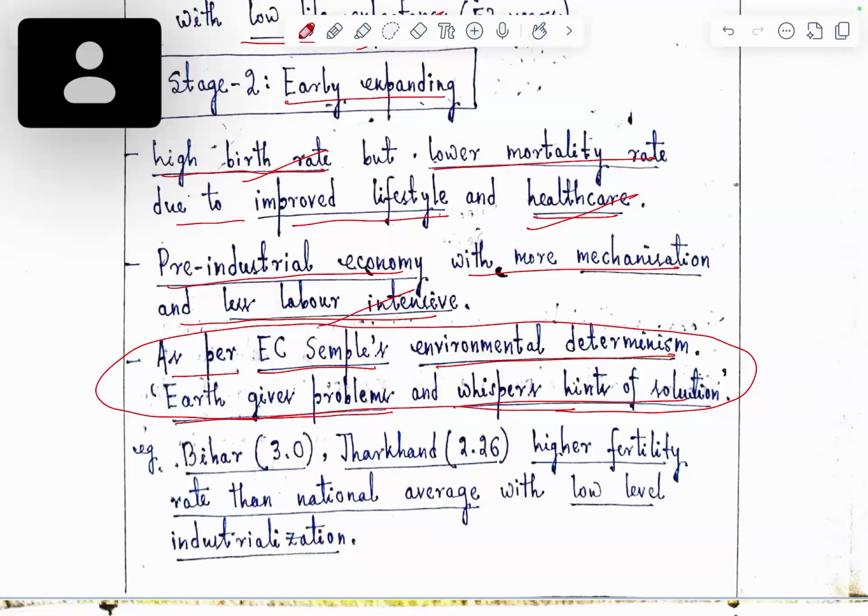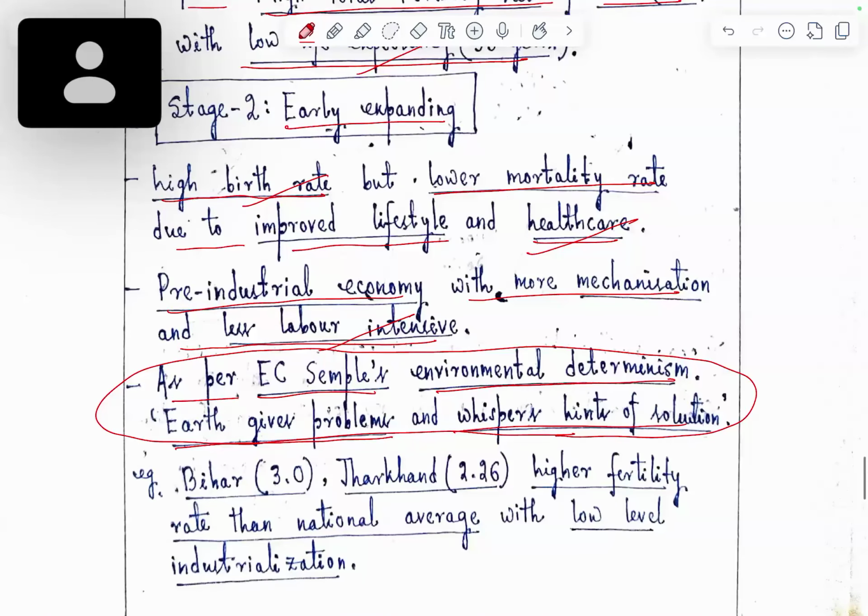So in the early expanding stage, it is pre-industrial, so I thought people started using environmental resources to solve their problems. So the term could be used here. It is in the book, Dixit's book.